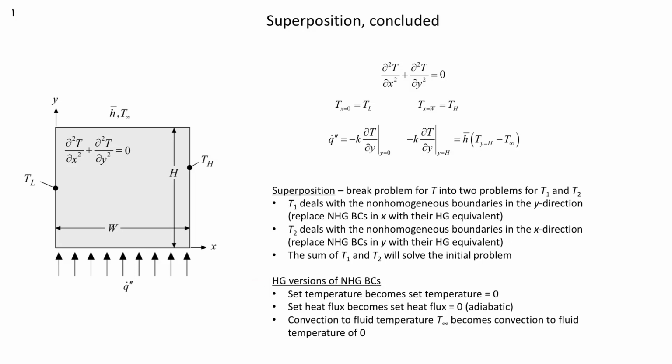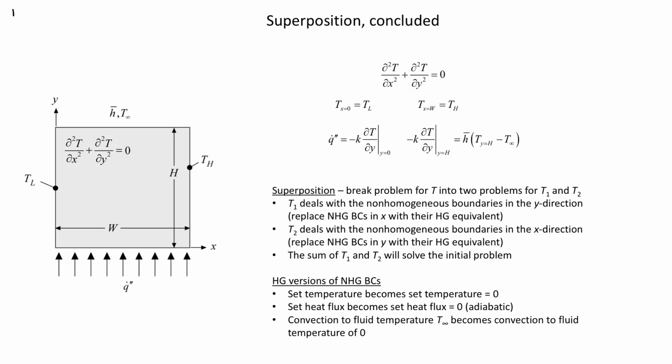First, if you have a temperature, so let's say the problem we're picking to solve first is we're going to make the y direction homogeneous, and let's solve the x problem first. So how do we make the y problem homogeneous? Well, we would have to come up with two boundary conditions that represent these types of boundary conditions, but that are homogeneous versions of these.